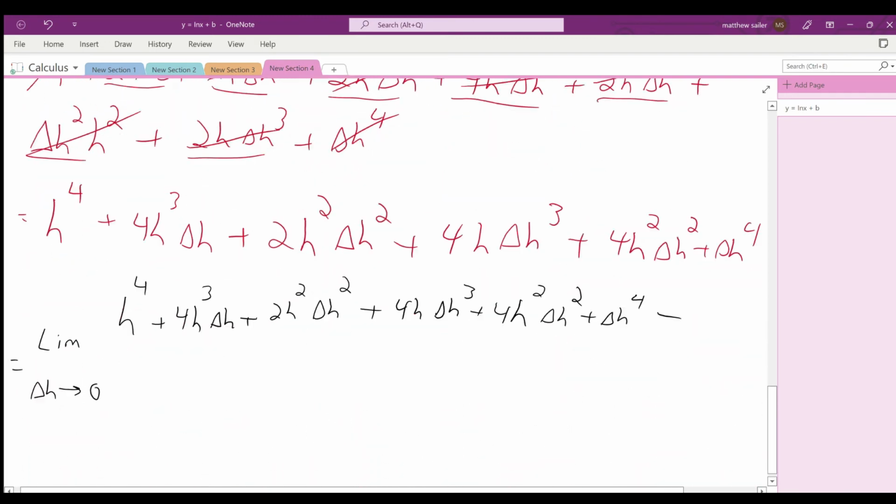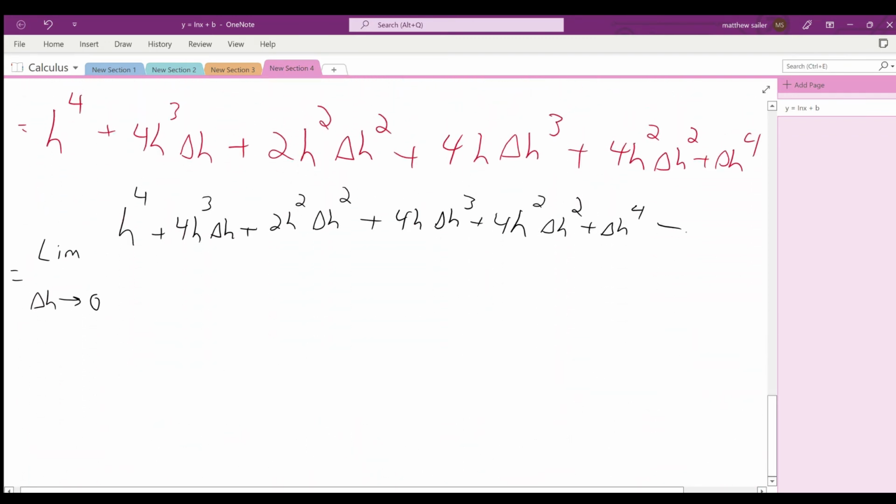Minus h to the fourth. All of this over delta h.